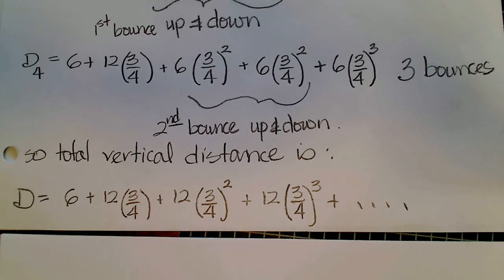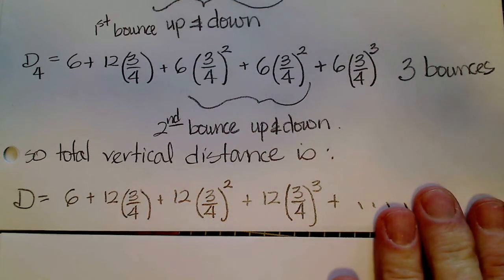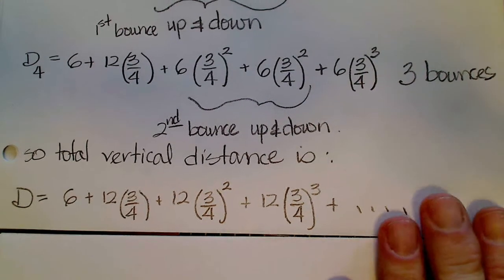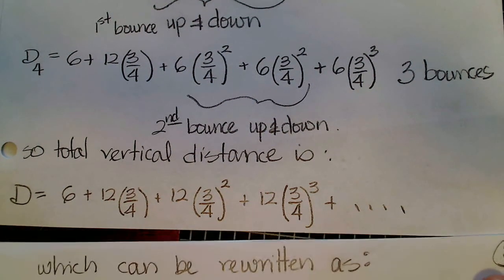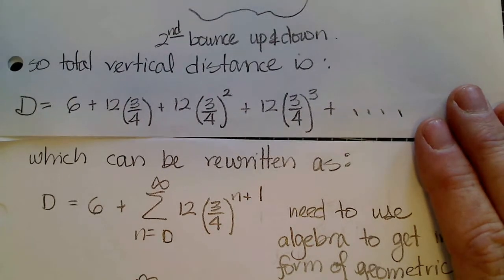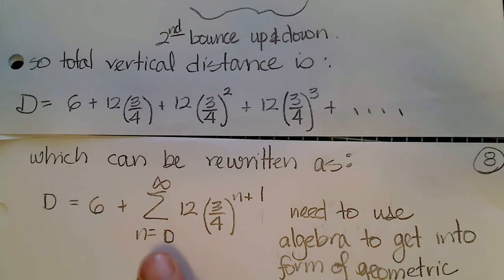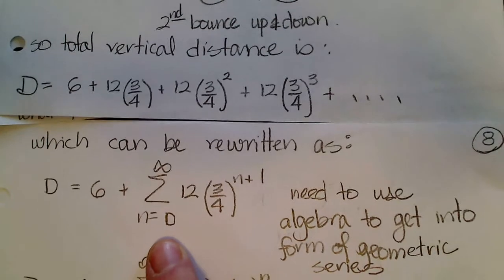Well, this looks very similar to a geometric series. We have to do a little bit to it to get exactly what we want. So let's do some algebra to get what we need. So here's what we have written in summation form.